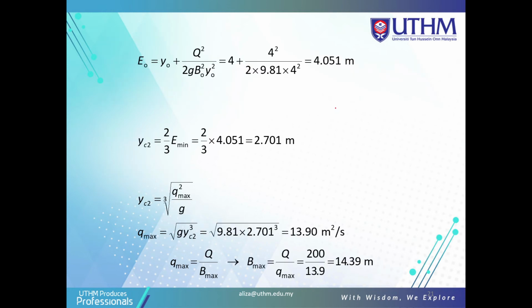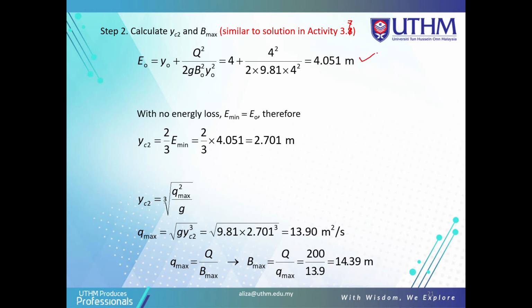Now we calculate using the same as 3.7. So use the same here, you get the value and also this one. And we get the YC naught here as 2.701. And we get the value of Q max.